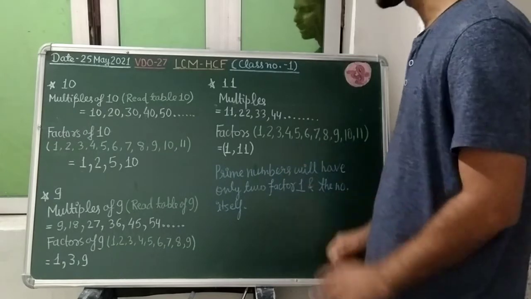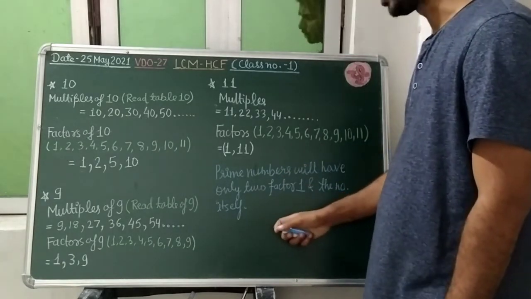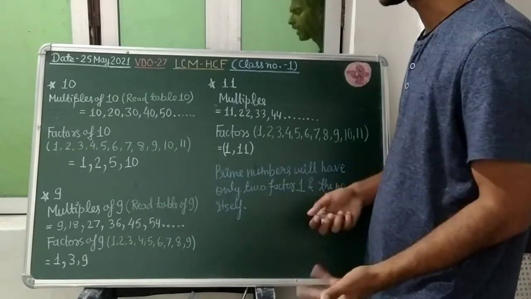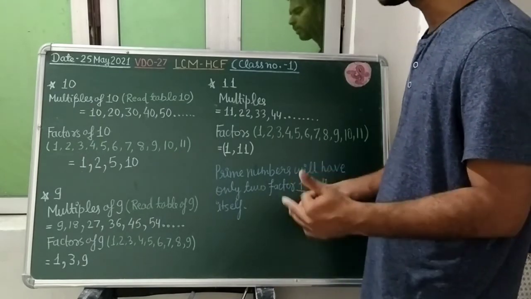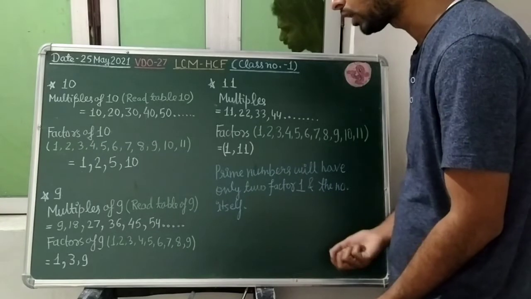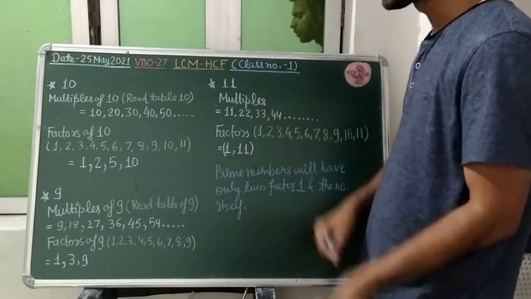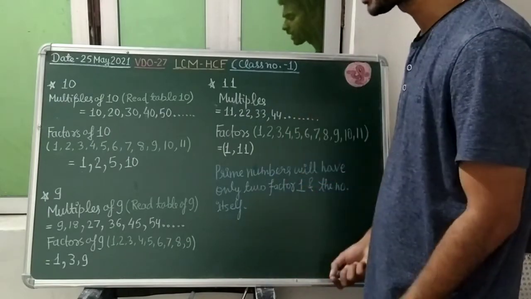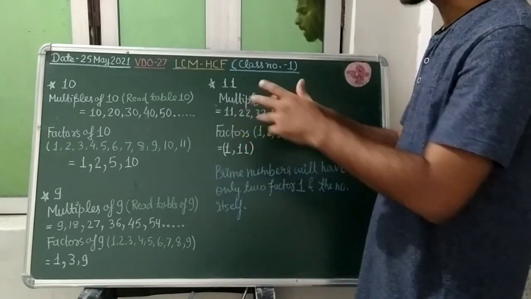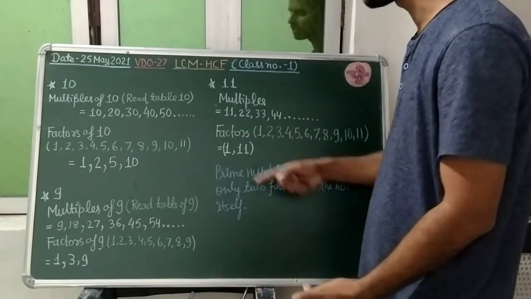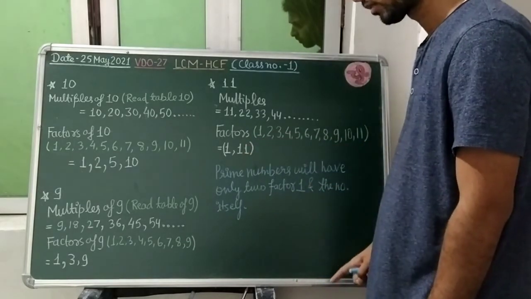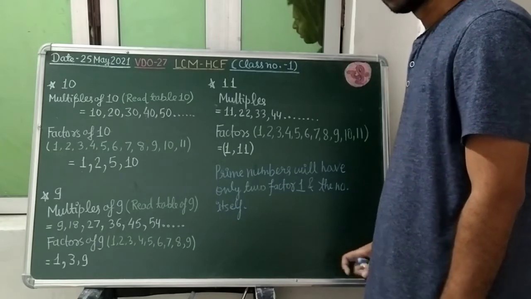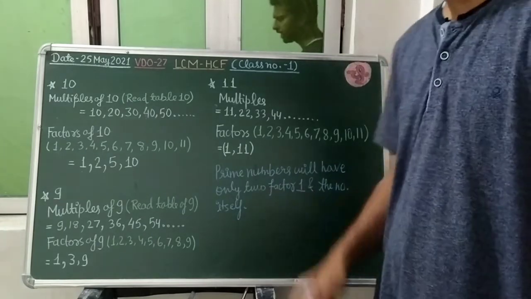Prime numbers are numbers greater than 1 which are divisible by 1 and itself only. The numbers which divide the given number are called factors. That is why we say that a prime number has only two factors, 1 and itself. Okay, so you can write it down.